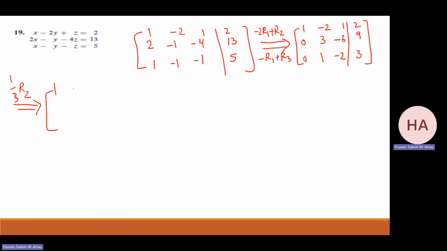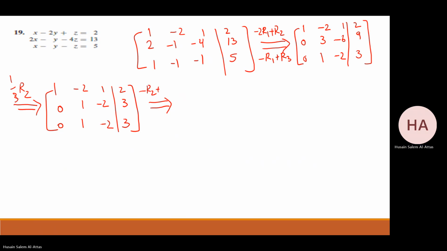I have 1, -2, 1, 2, 0, 1, -2, 3, 0, 1, -2, 3. Now what I will do, multiply the second row by -1 and add it to the third row.